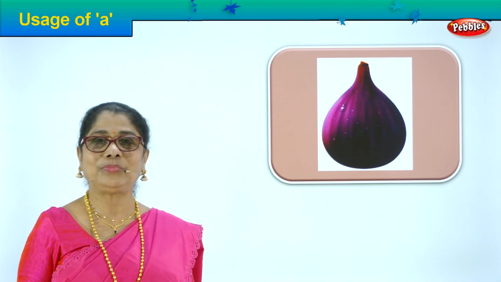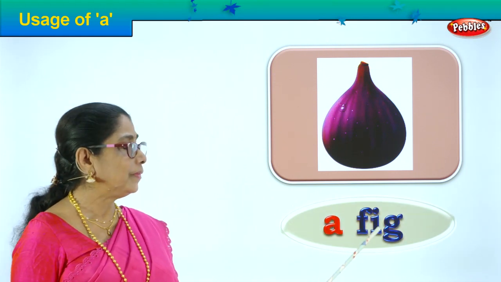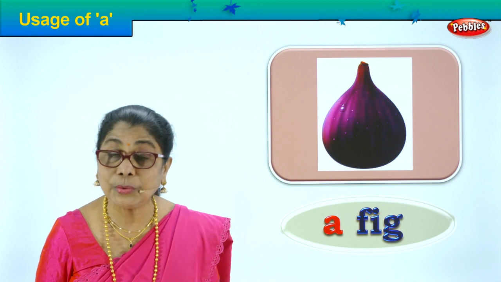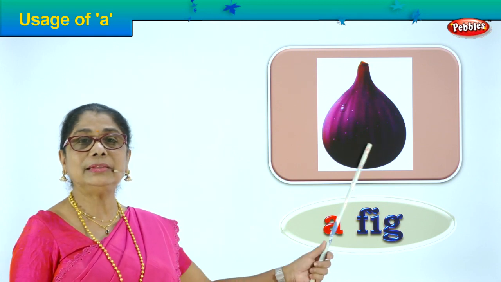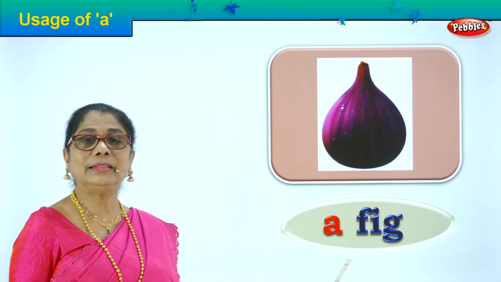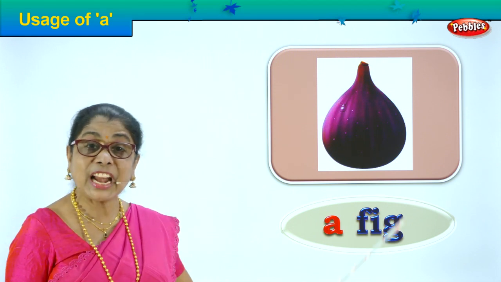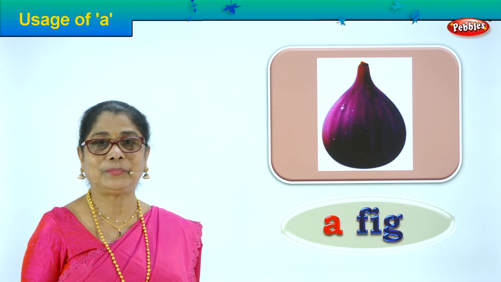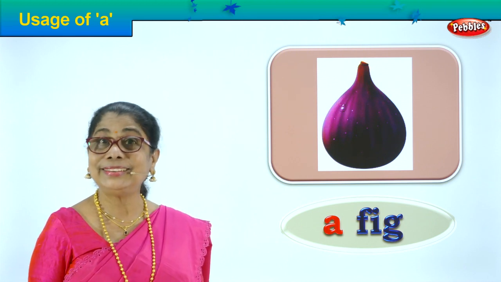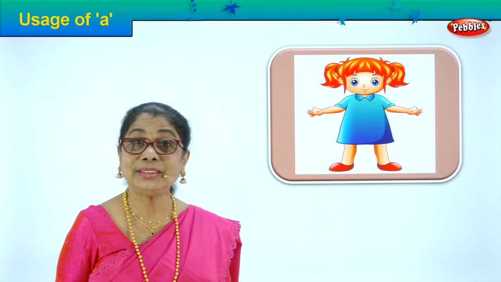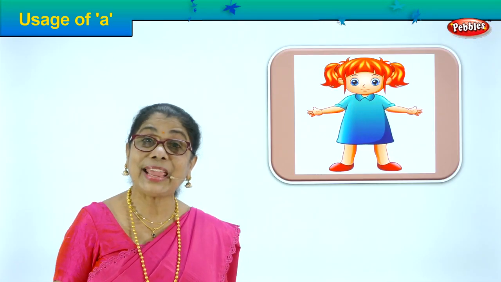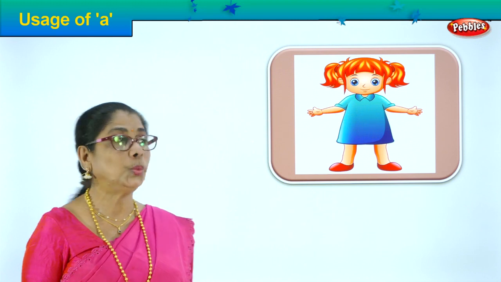Spell fig. F-I-G. What do you use before the word fig? A fig. This is a fig. This is a fresh fig. Good. Let's look at another picture and learn the usage of a before the word.